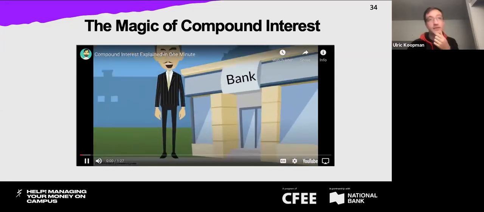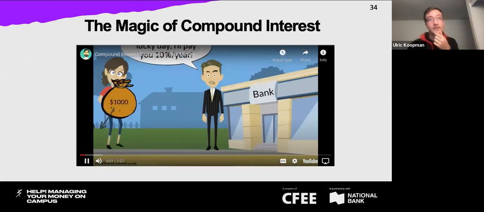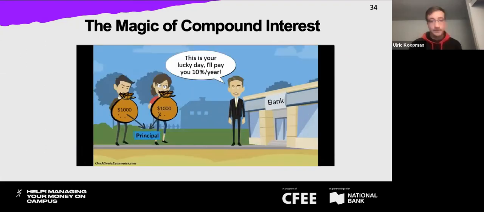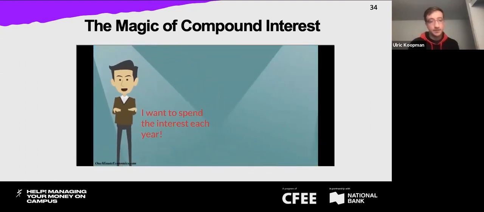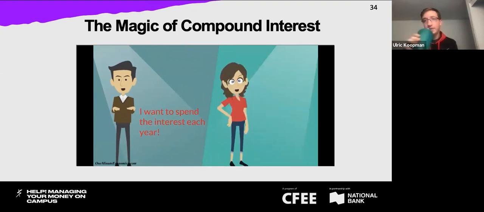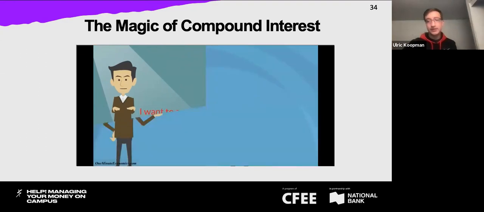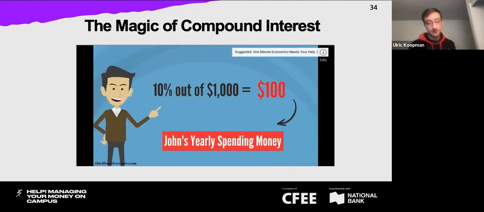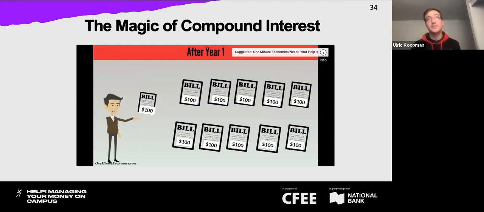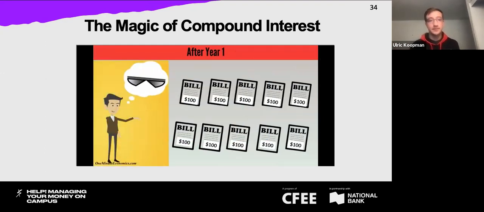Let's assume a very generous bank offers to pay John and Lisa a return of 10% per year, and they each invest $1,000 called a principal. John wants to spend the interest each year and only keep the principal in the bank, while Lisa wants to save for 30 years, so she doesn't take the interest out each year. In John's case, the 10% amounts to $100 each year. So after 1 year, he'll have $1,100 in his account, out of which he'll take $100.